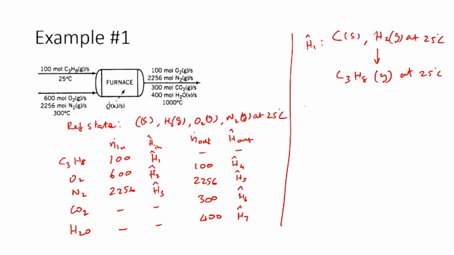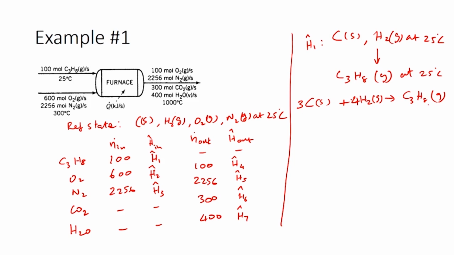So, this is nothing but the formation reaction where carbon solid plus hydrogen gas forms C3H8 gas. If you were to balance the equation, 3 moles of carbon reacts with 4 moles of hydrogen to form 1 mole of propane.